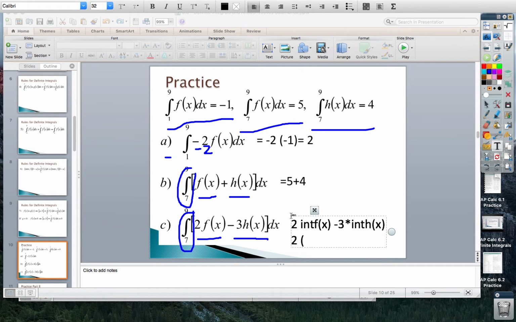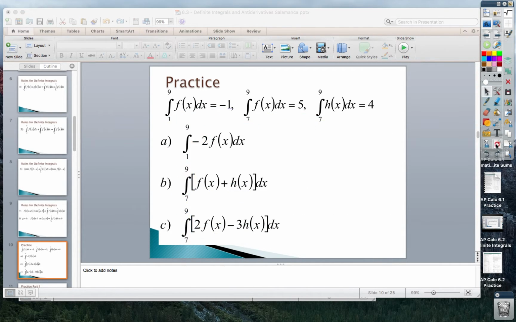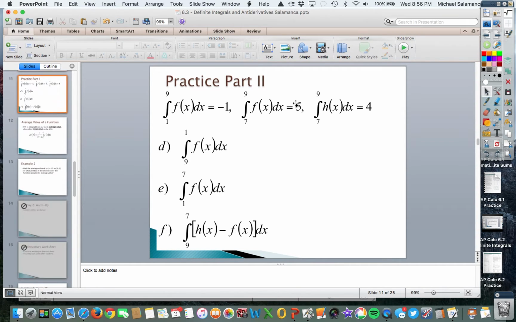So that would be 2 times 5 minus 3 times 4. So that's going to be equal to negative 2. So I hope this is turning out to be pretty easy when you take a look at it. Let's look at another example.